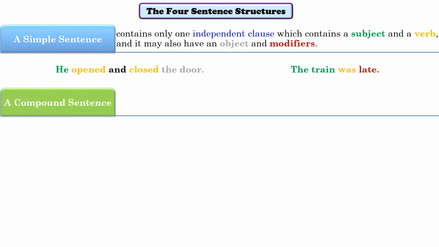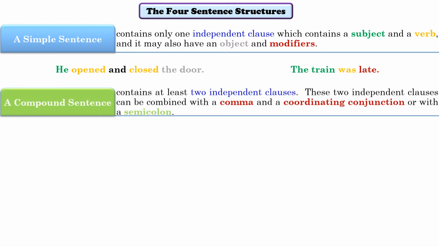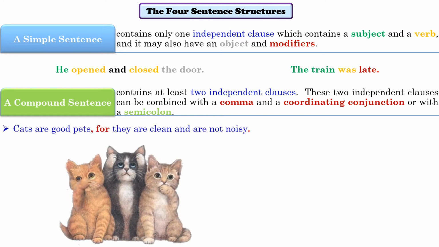A compound sentence contains at least 2 independent clauses. These 2 independent clauses can be combined with a comma and a coordinating conjunction, or with a semicolon. The first example: Cats are good pets, for they are clean and are not noisy.